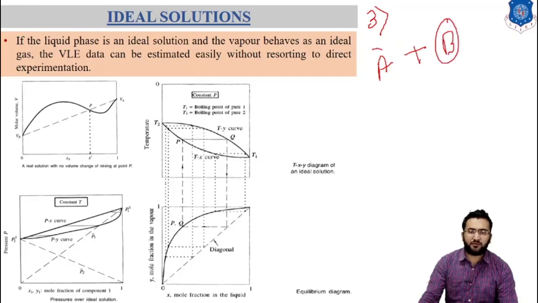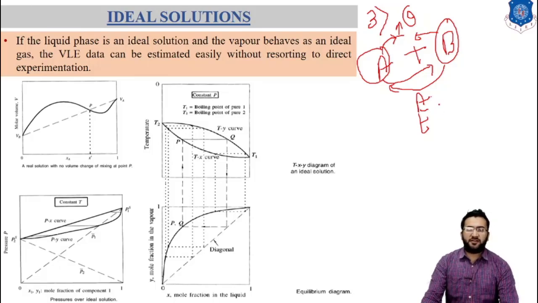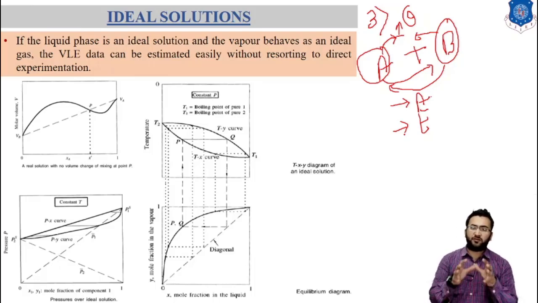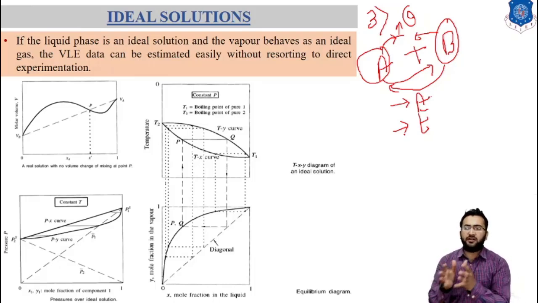Let's again suppose two components, component A and component B. If I add component A to component B and it makes mixture C, there is no absorption of heat and no evolution or liberation of heat during the mixing. If adding A plus B involves no absorption or liberation of heat, then we can say that these components make an ideal solution.